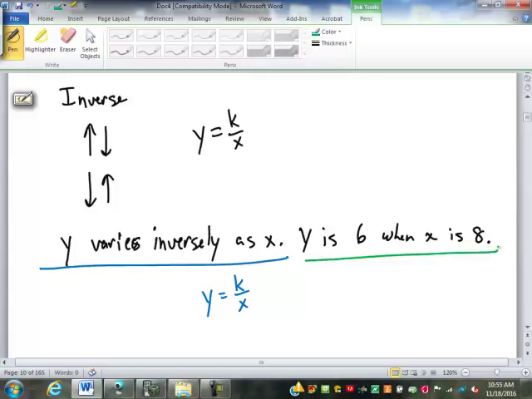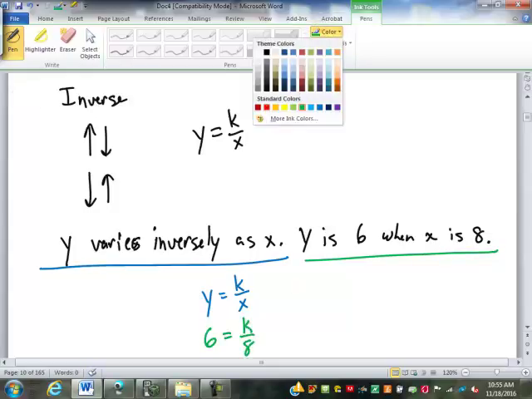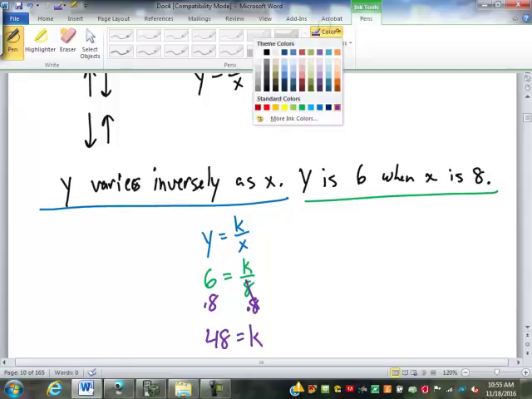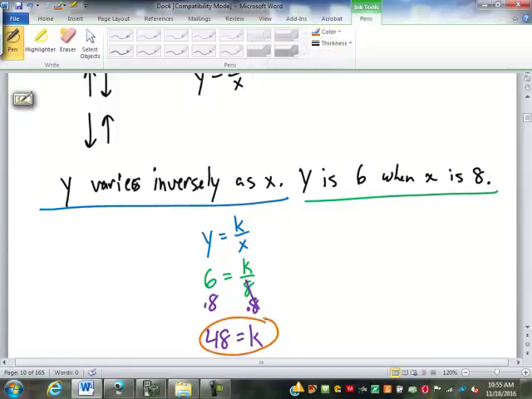Y is 6 when x is 8. So we can put in 6 for y and 8 for x and solve for k. Well, it's k divided by 8, so to solve for k, we're going to multiply by 8. 6 times 8 is 48 equals, the 8's cancel, that's k. So 48 is equal to k. So instead of y equals k over x, y is equal to 48 over x.